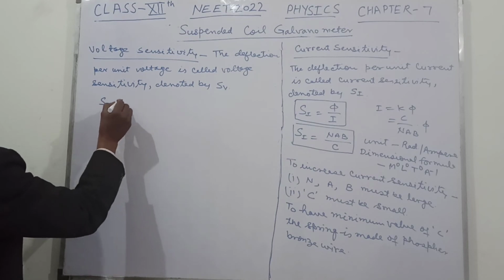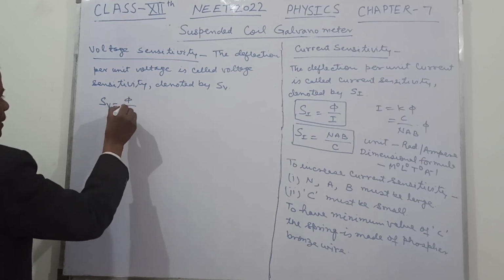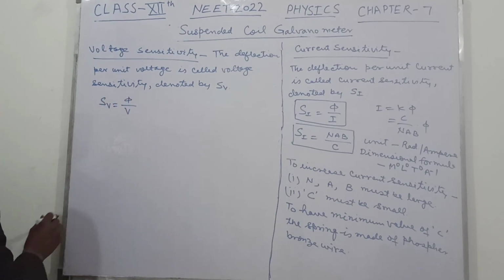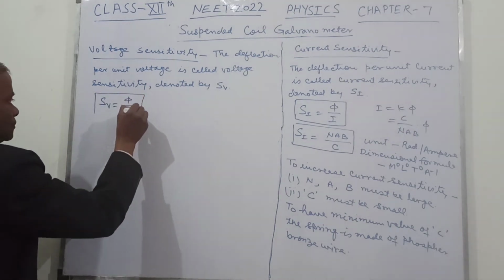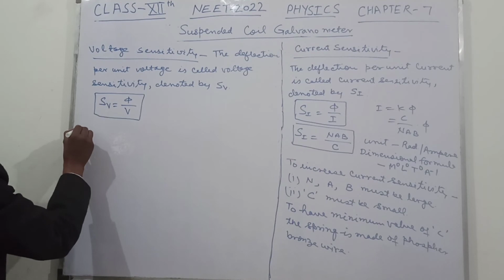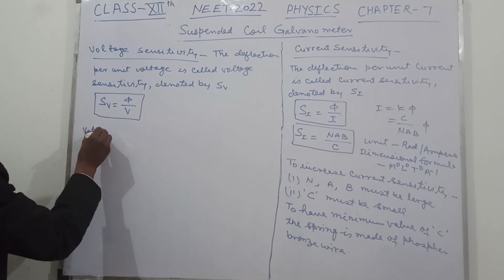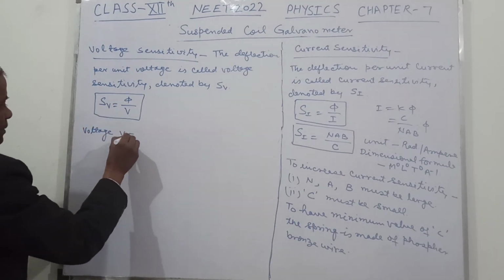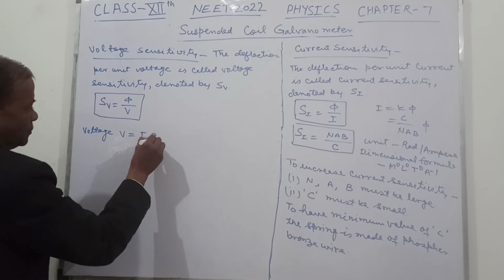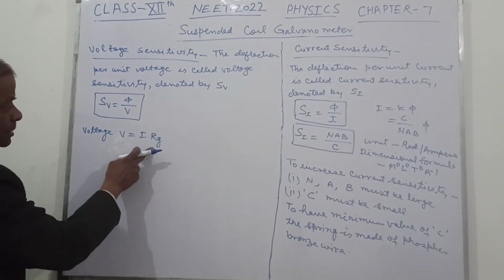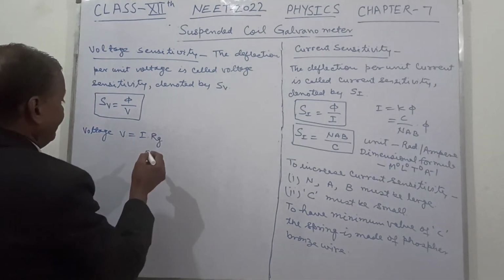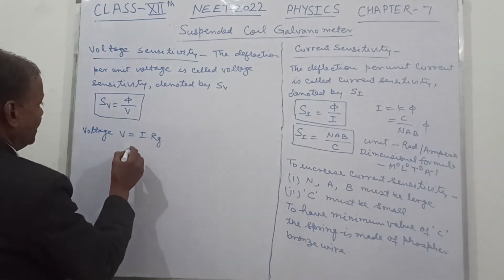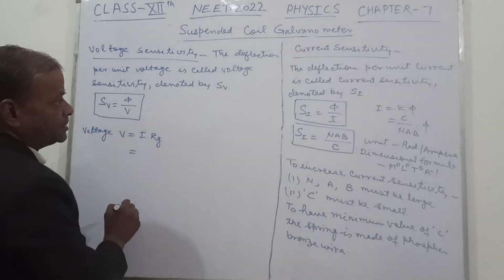So what we have? This SV is equal to phi upon V, and this voltage V we know is equal to I into RG, where RG is the resistance of the coil and I the current passing through this coil.